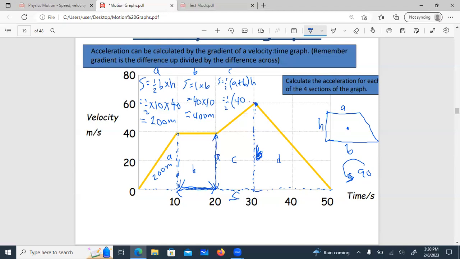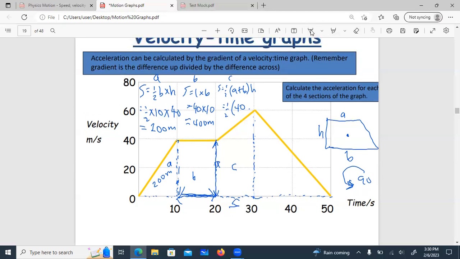Let me erase all of this so you can clearly see what we are talking about. Now you can see that our B is 60. So I put 60 here, plus 60, close the bracket.